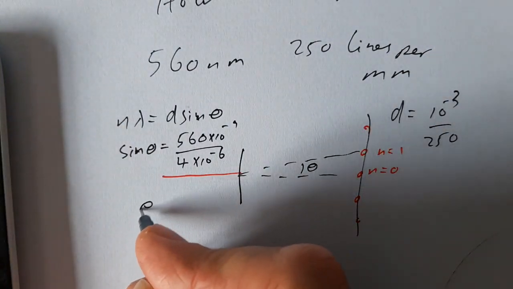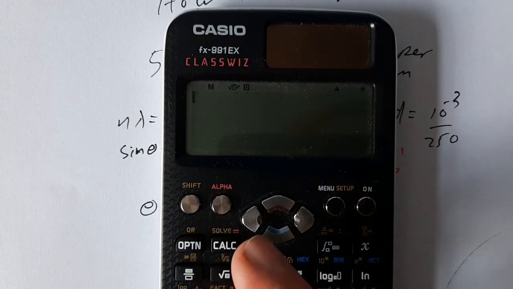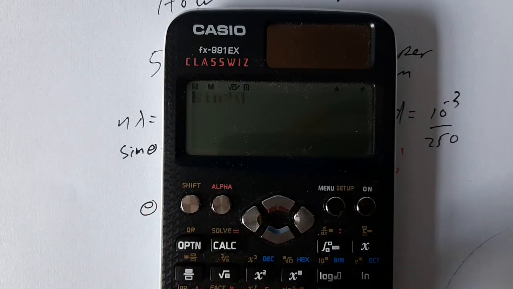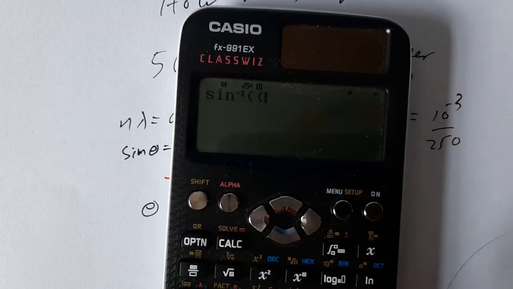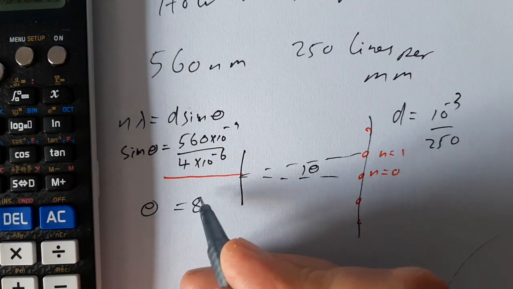So theta equals, if I quickly do shift sine open bracket 560 x minus 9 divided by 4 x minus 6 equals, and we get, as I hoped, about 8 degrees.